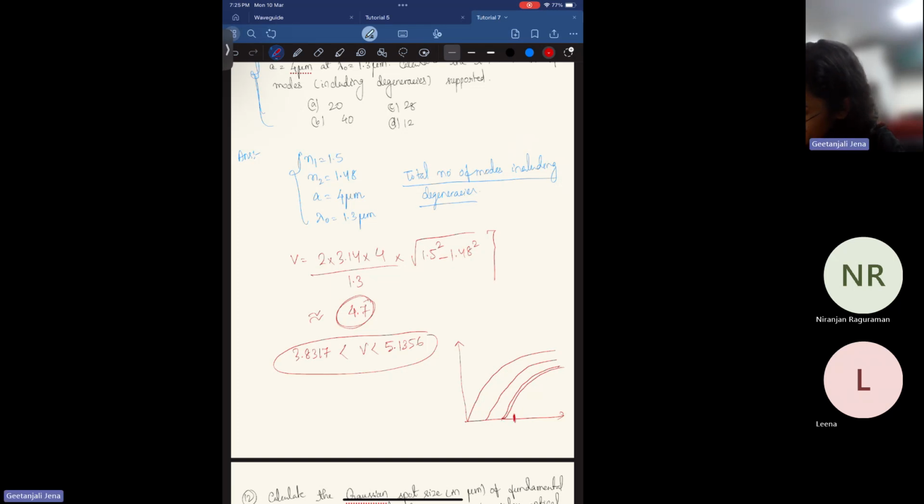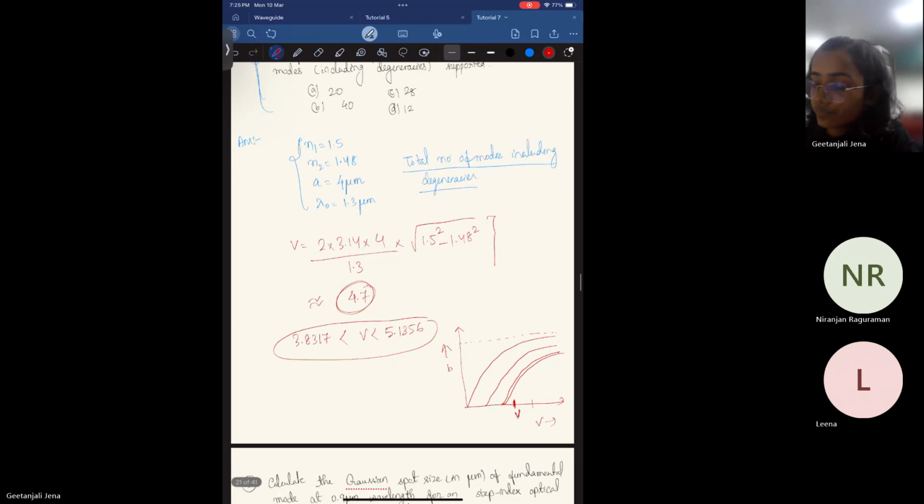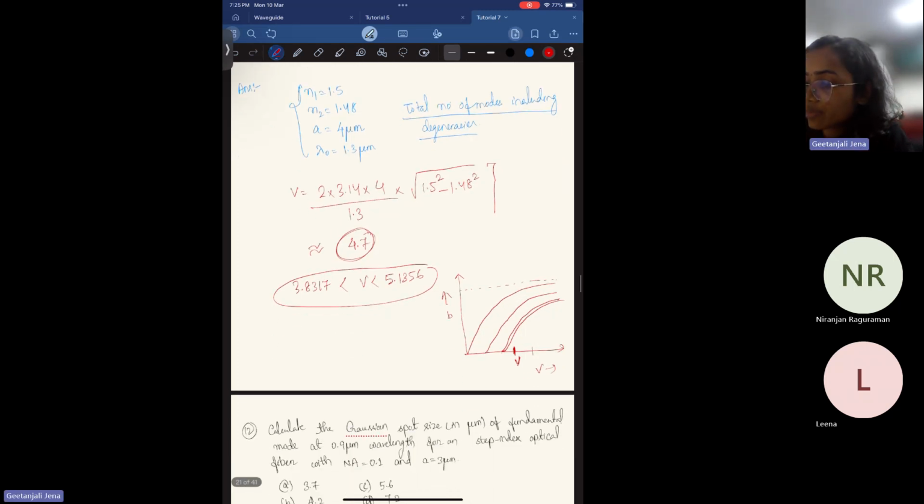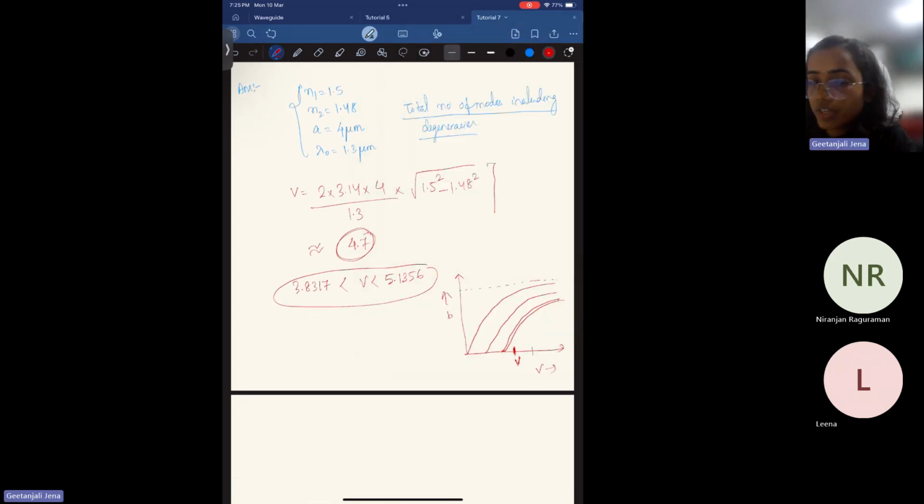So the V value is lying here. So that means the total number of modes that will be supported is, how many modes will be supported if V is 4.7?